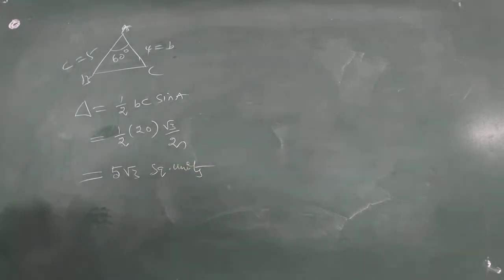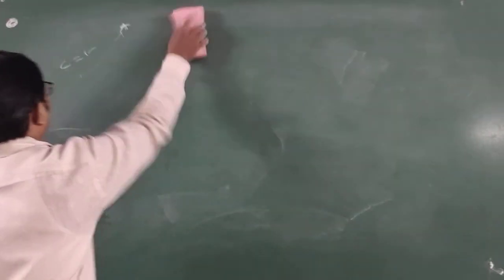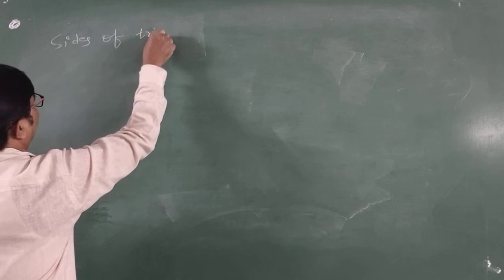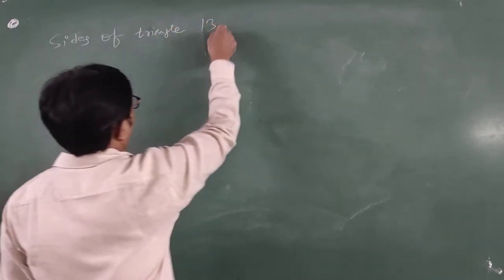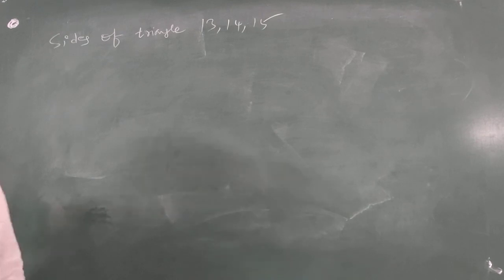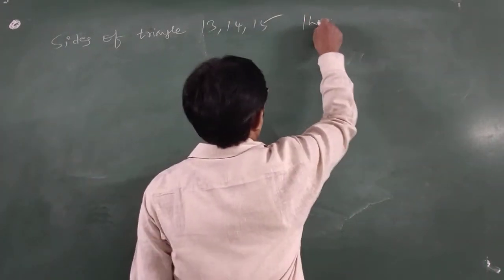Now students, one more question. The three sides are given, then find the circumdiameter. The sides of the triangle are 13, 14, 15.